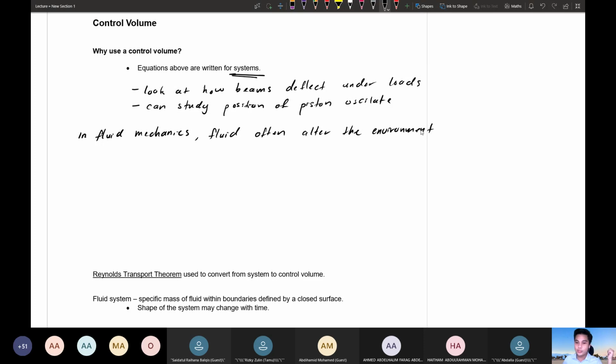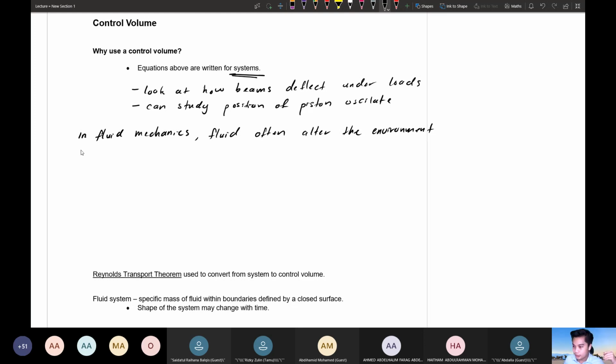For example, when we have a mechanism inside the water, that mechanism is surrounded by the fluid, so it will alter the surroundings. For example, we have the piston. When we do something, it will increase the suction of air, so it will alter the system. So it is very related to the system and fluid mechanics.